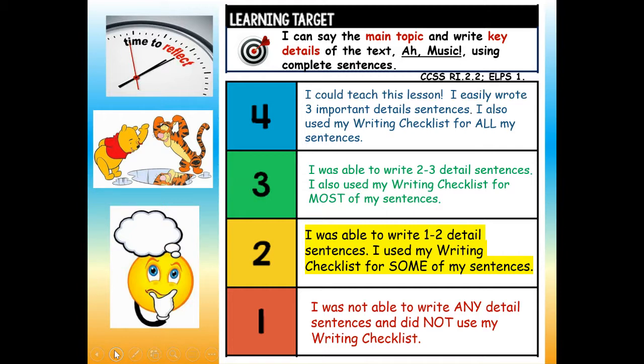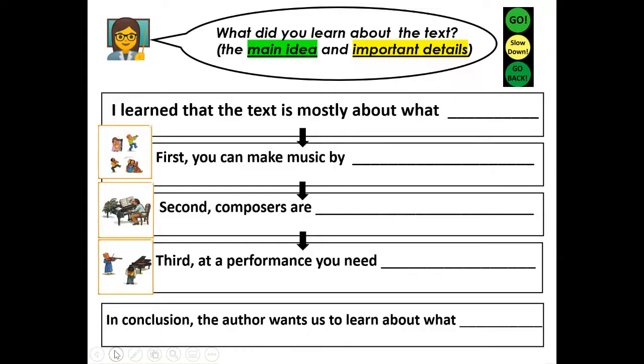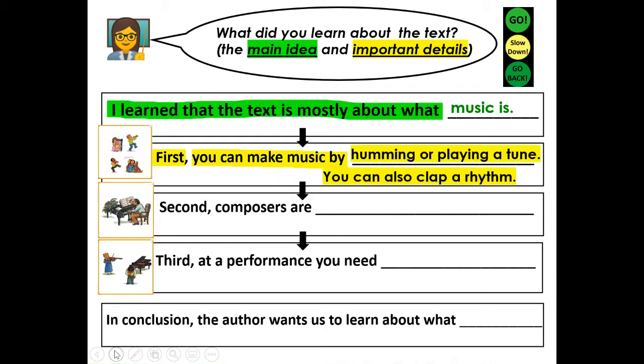All right. So now that you've reflected on your own writing, you can look at my example. I learned the text is mostly about what music is. First, you can make music by humming or playing a tune. You can also clap a rhythm.